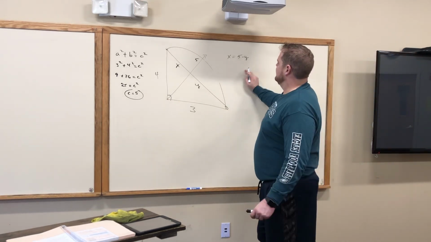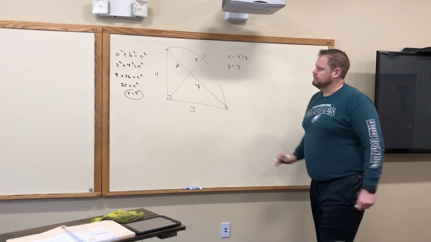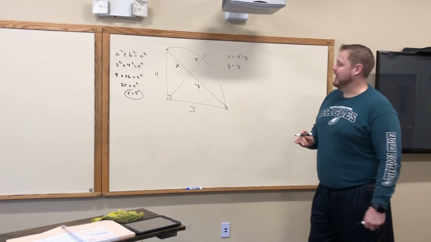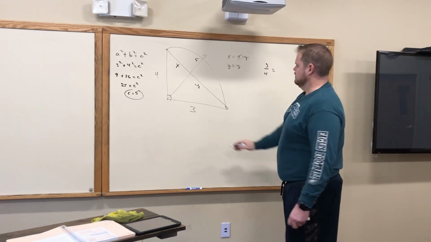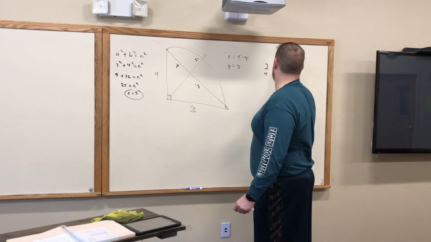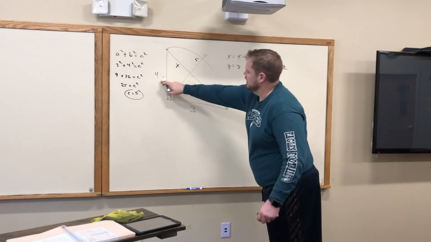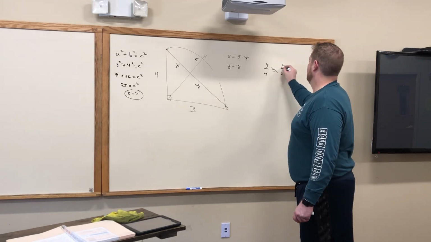So X is 5 minus Y. You have to do that because when I set up my proportions, 3 over 4 equals, which one goes with 3? Y. Good. And which one goes with 4? X, which is 5 minus Y. Cross multiply.